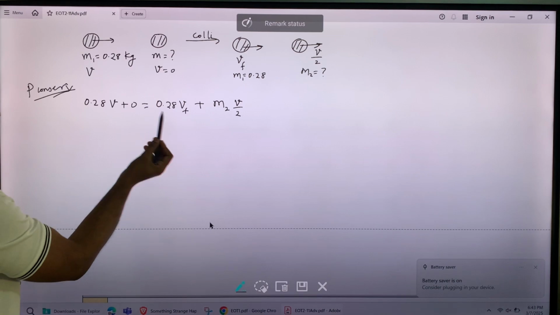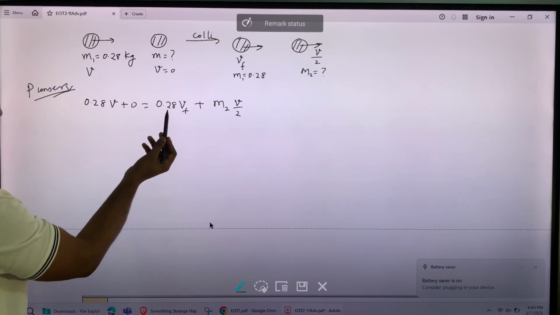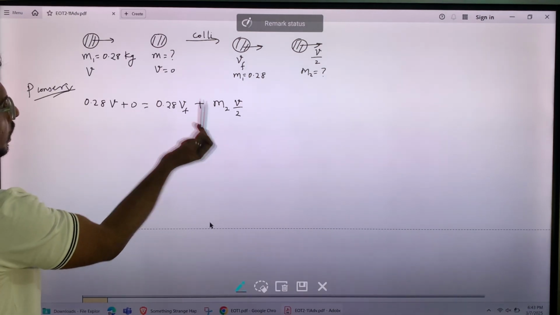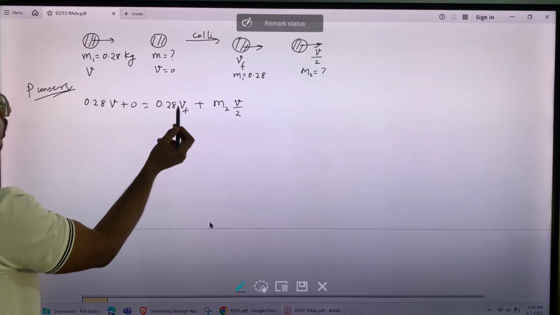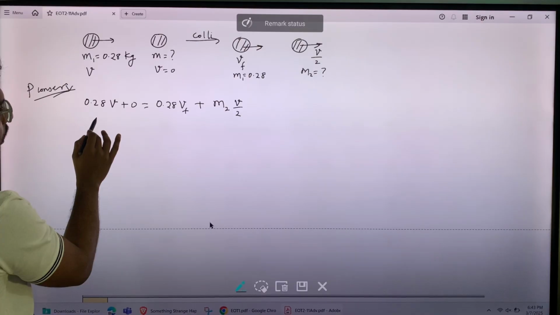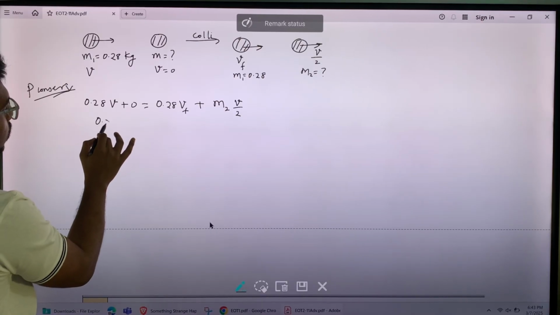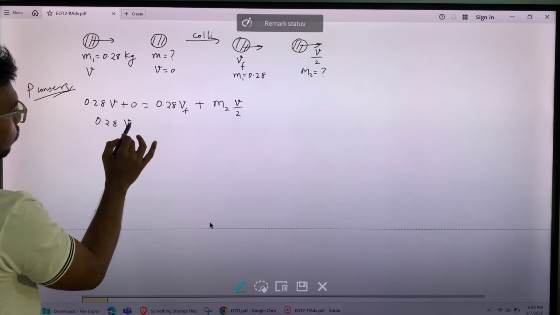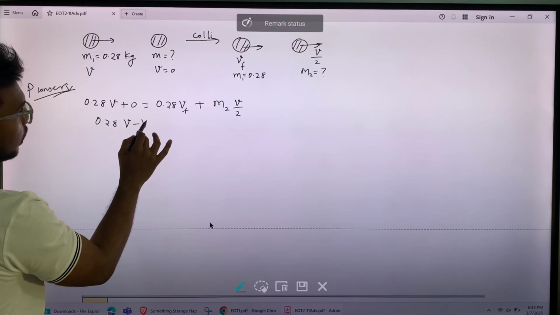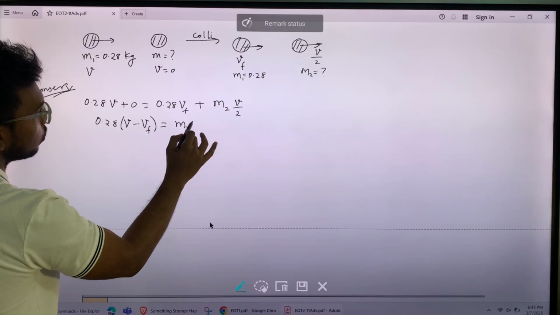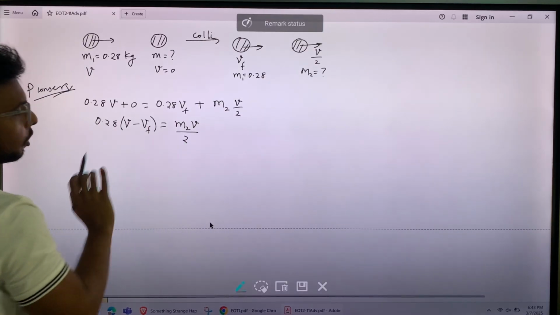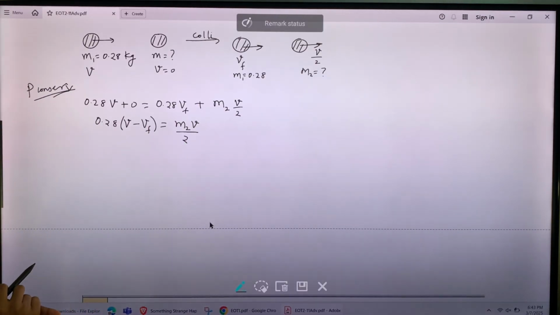What I'll do is I will try to simplify this equation. I will bring these together, and it will become 0.28 times v minus vf equal m2 v by 2. Okay. Let's keep it that way.